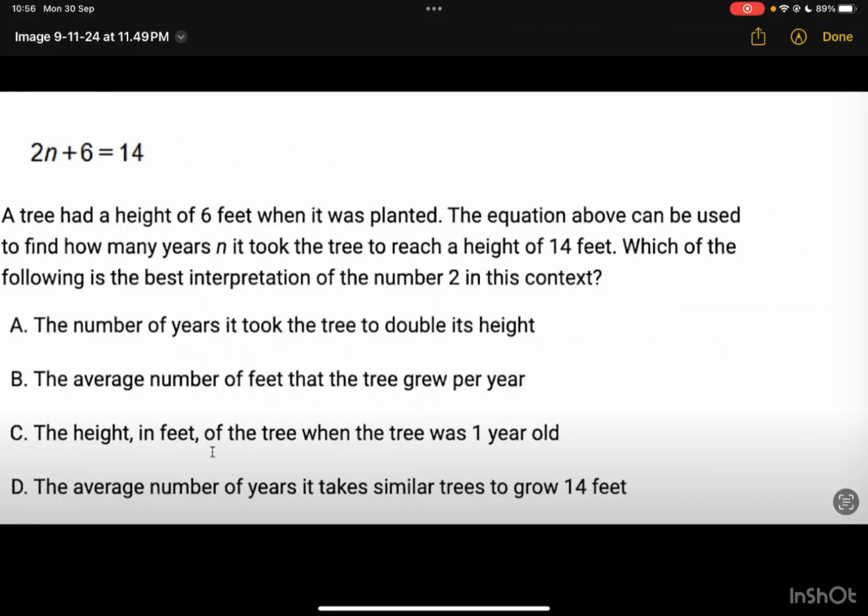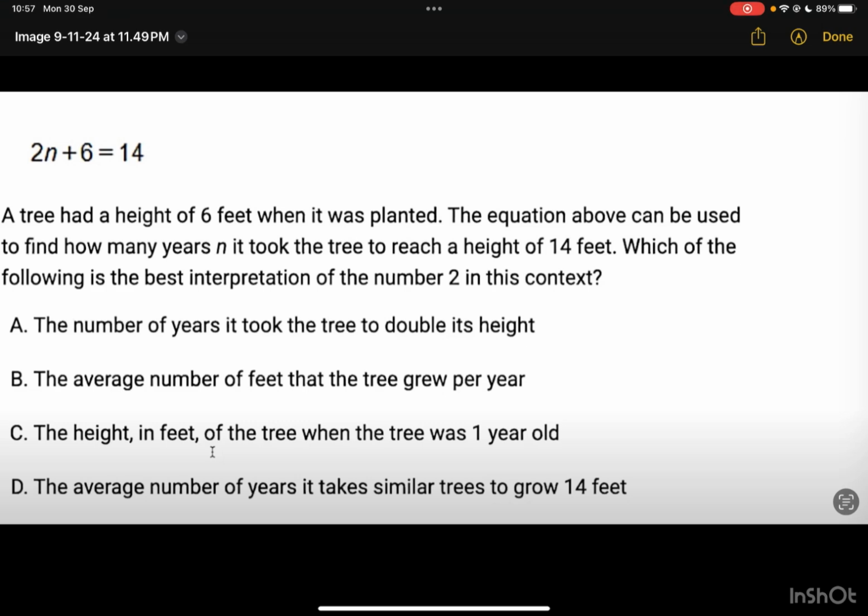Moving on with another math question. 2n plus 6 equals 14. A tree had a height of 6 feet when it was planted. The equation above can be used to find how many years n it took the tree to reach a height of 14 feet. Which of the following is the best interpretation of the number 2 in this context? So for 2n, n is per year that the tree needs to grow.